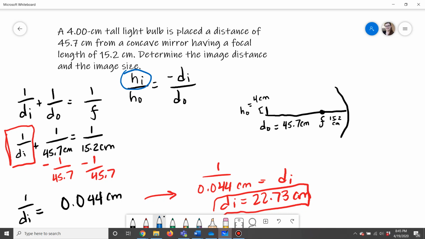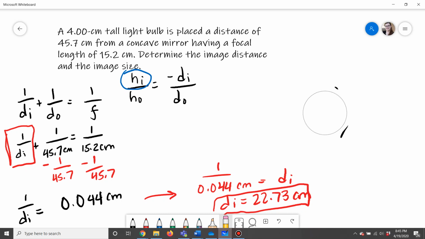Okay. So just for the purposes of having more room, I'm going to go ahead and erase my diagram right now because I want to have everything on one screen. Okay. So I'm just going to rewrite everything the way that it was. Our object height, or h sub o, is going to be 4 centimeters.